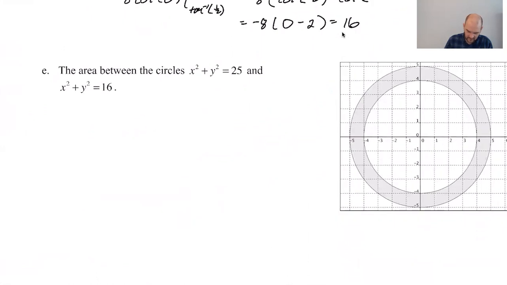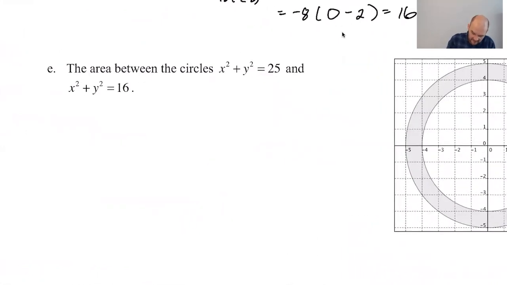All right, let's do one more. This one requires less setup because it's just nice circles centered at the origin. Those are the best. But think about it. Let's say R1 is 5 and R2 is 4: a circle of radius 5 and a circle of radius 4. They both go from 0 to 2 pi.